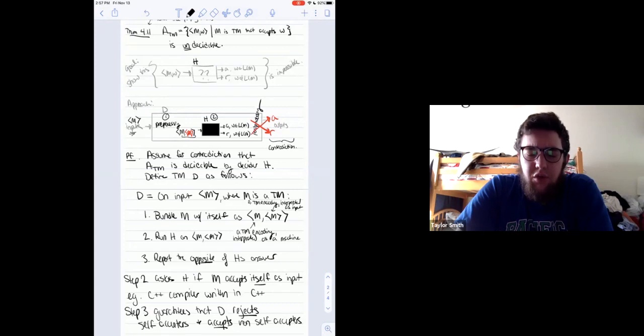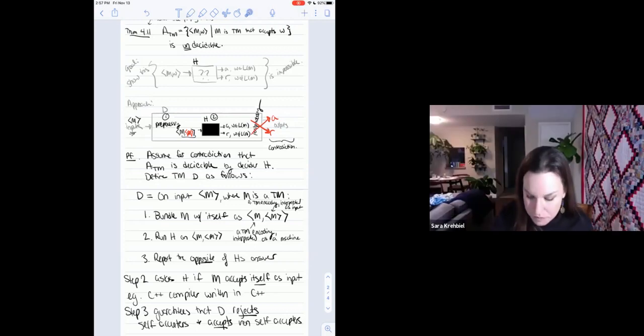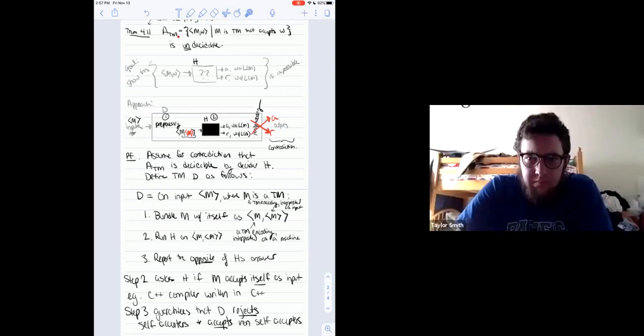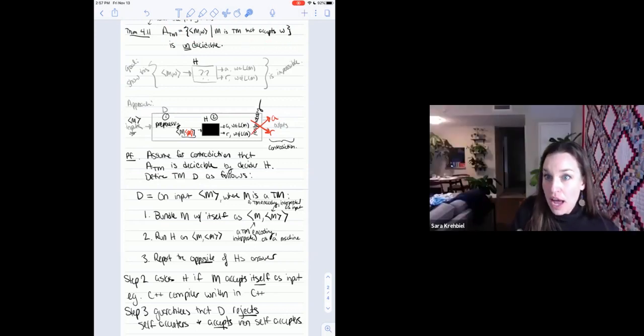Can you go over the definition of what ATM is again? So ATM is the set of strings that have a common structure, and that structure is that it's an encoding of a Turing machine combined with an input, and it should be an input that is accepted by the machine.